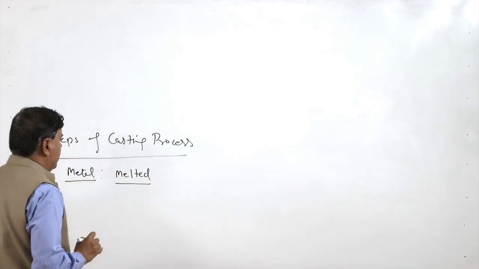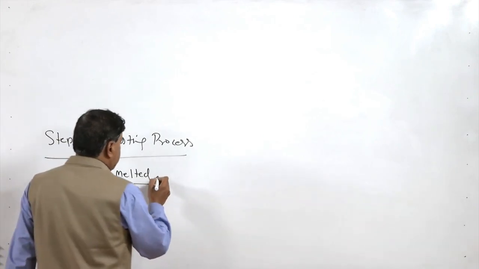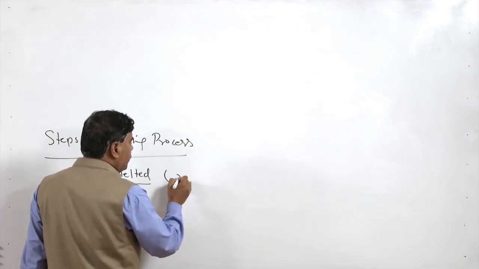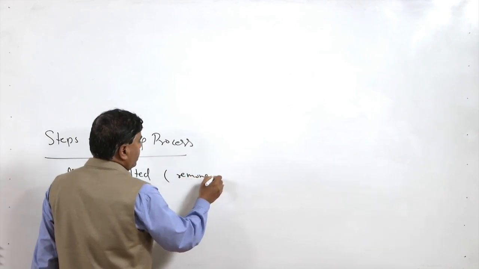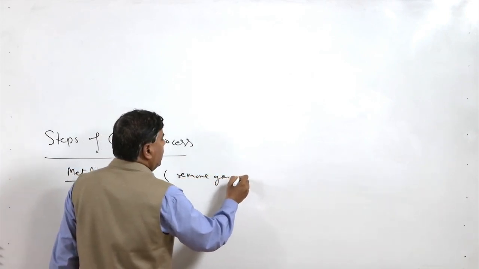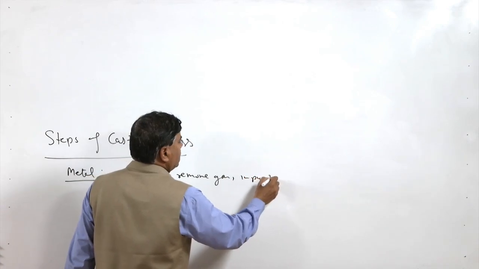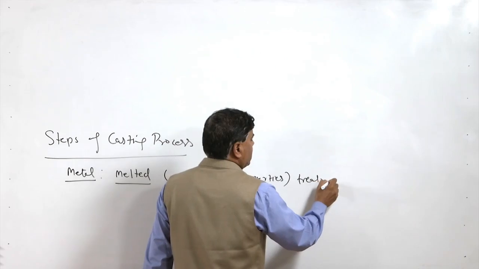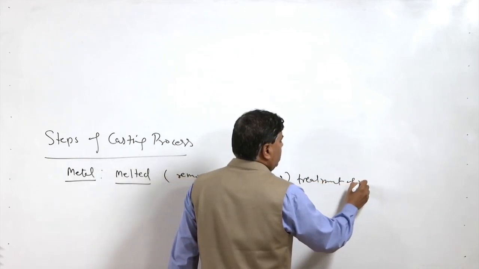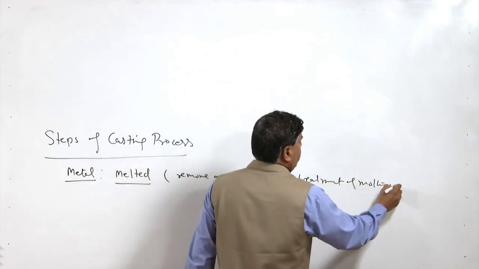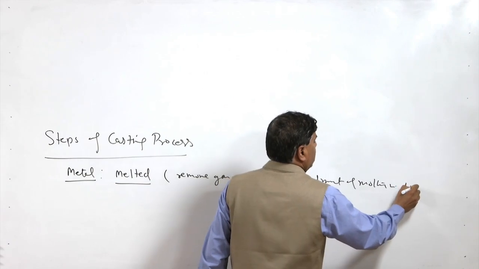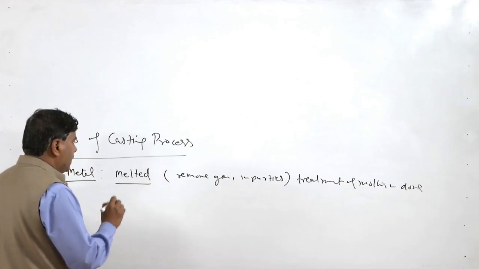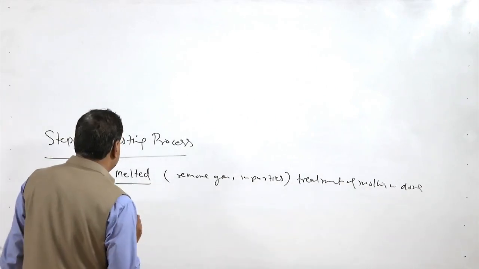And this molten metal, when it is melted, to remove the gases and impurities, the treatment of the molten metal is done. So, degassing, fluxing, etc. are part of this.